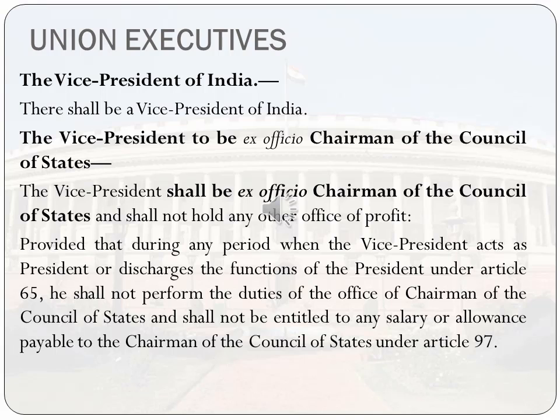So whenever he is acting as the President, whenever he is fulfilling the responsibilities of the President in the absence of the President, in such cases the Vice President shall not be the Chairman of the Rajya Sabha. He will not fulfill his duties as the Chairman of the Rajya Sabha.